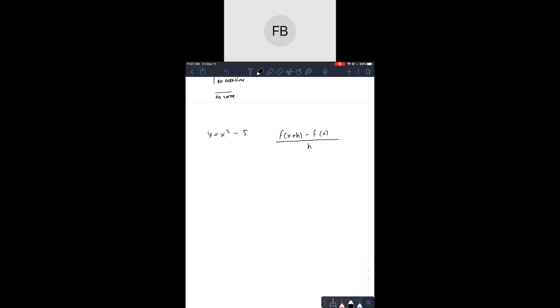All we have to do is put this in, but also the h for every value of x. So I'm just going to write x plus h squared minus 5. I think this is the right way to do it.